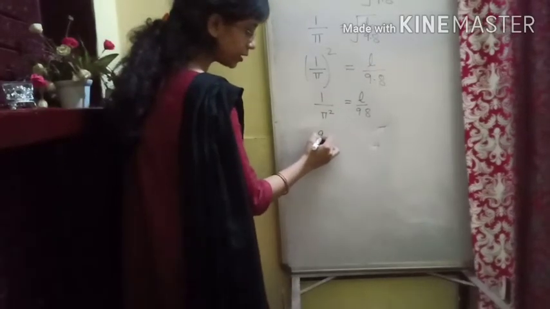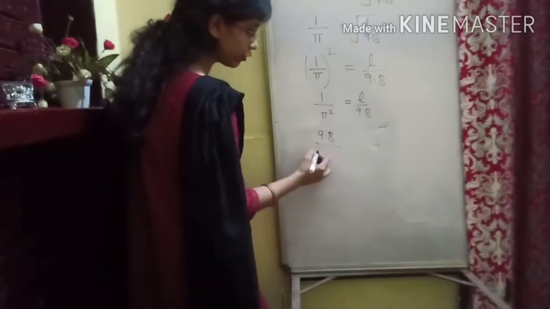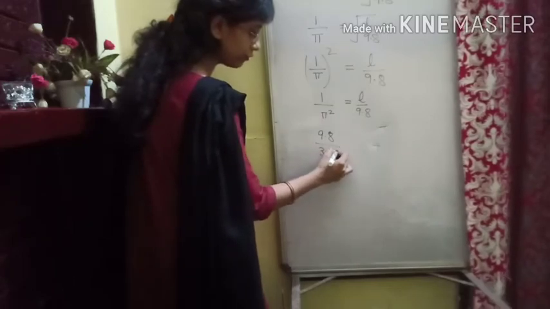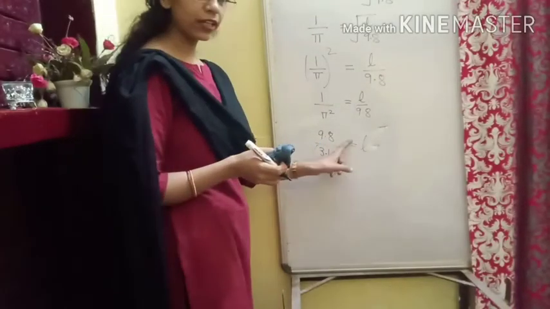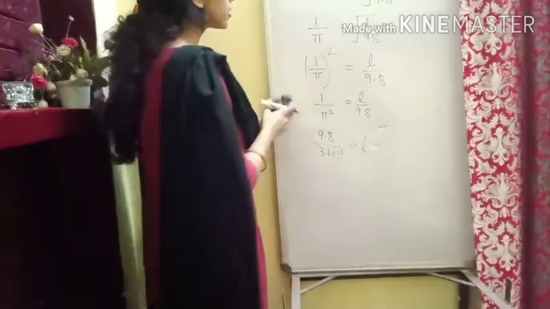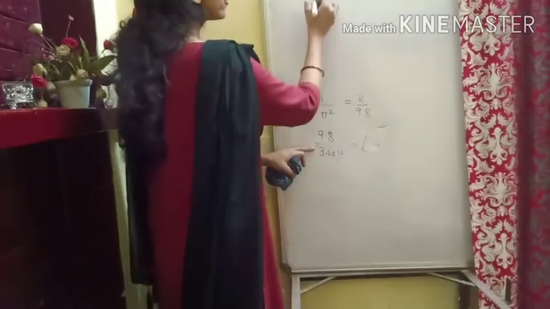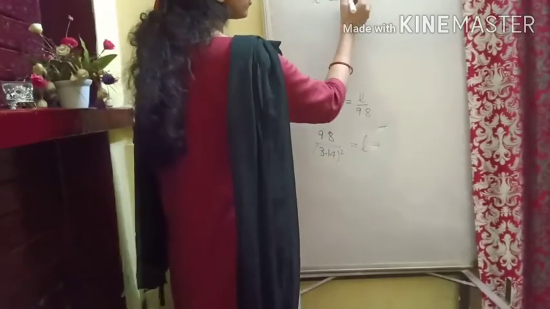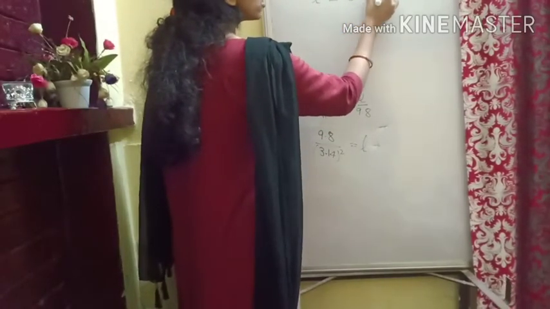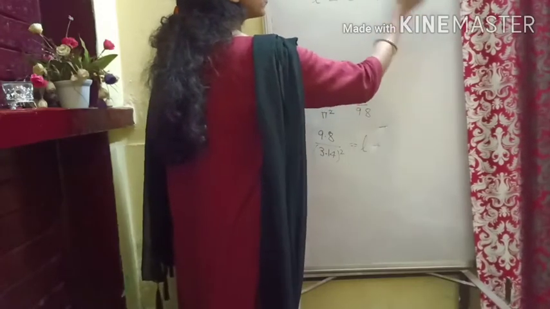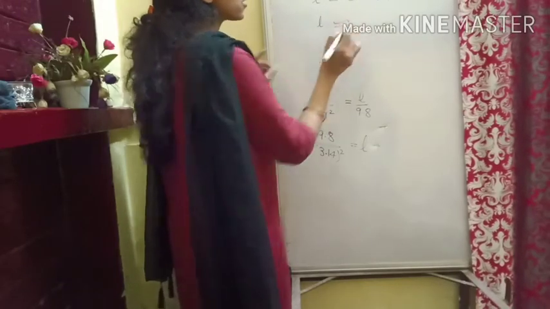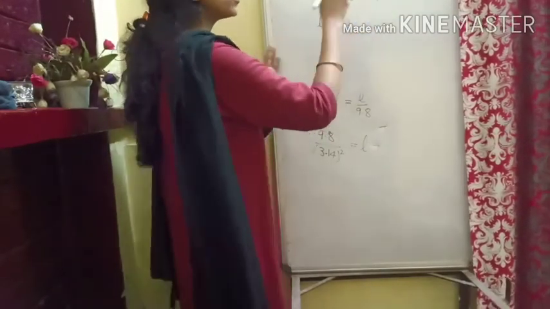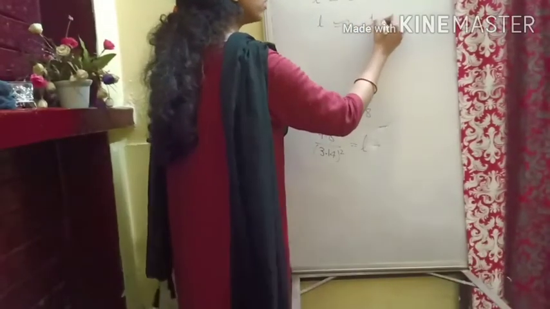So L equals 9.8 upon the square of 3.14. When you simplify, the value of L, or effective length, comes to 0.994 meter, which is approximately equal to 1 meter.